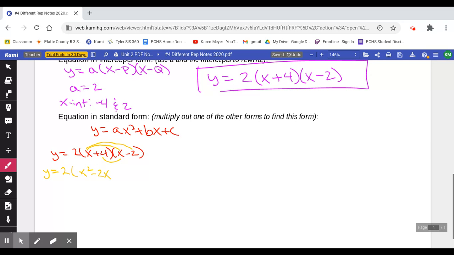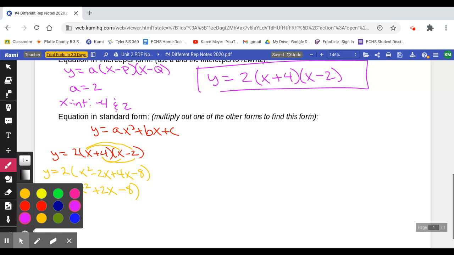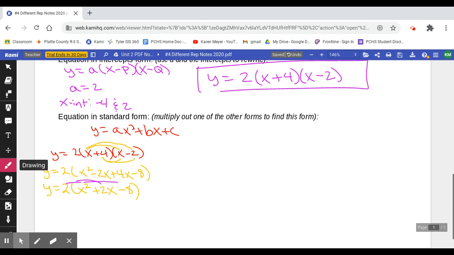Then 4 times x, which is 4x, and 4 times negative 2, which is negative 8. Keep your a out in front. Now combine like terms inside the parentheses: negative 2x plus 4x is 2x. Then distribute my a. So I get my final answer, y equals 2x squared plus 4x minus 16.